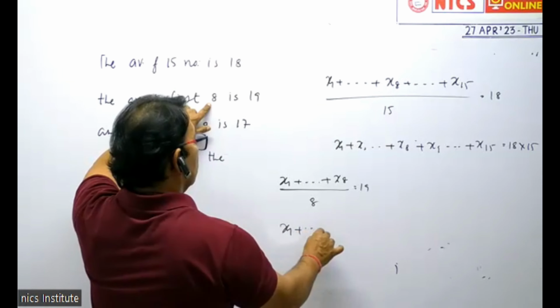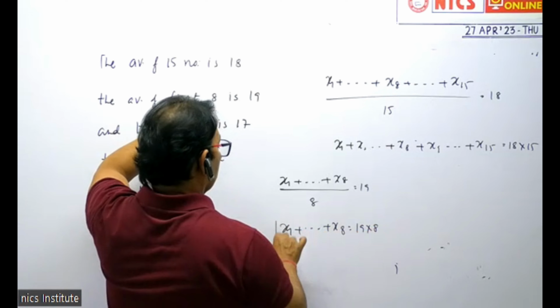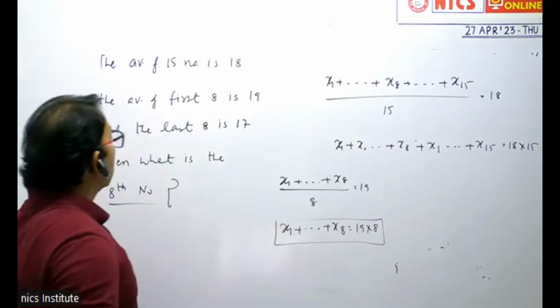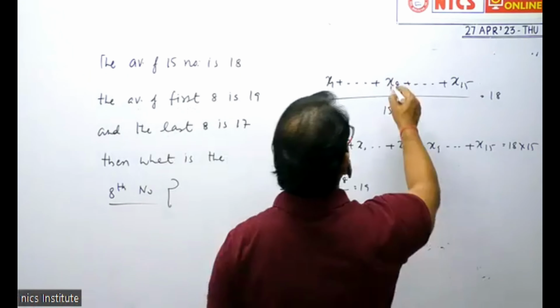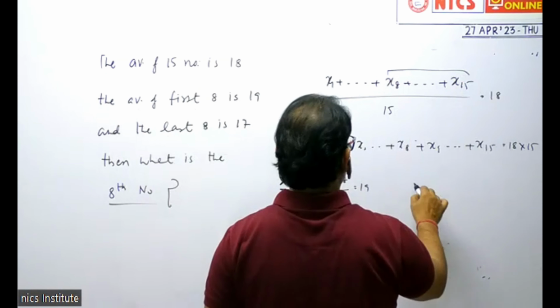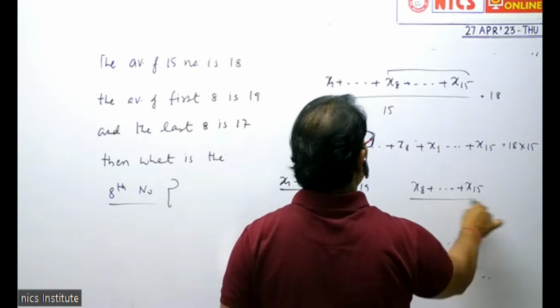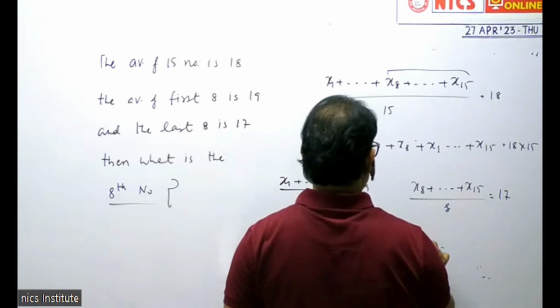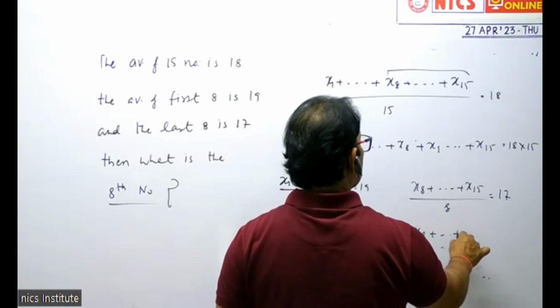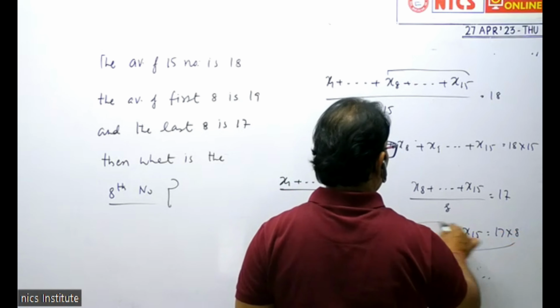That means x1 to x8 is 19 into 8, one equation. The average of the last 8 is 17, so x8 to x15 is 17 into 8.